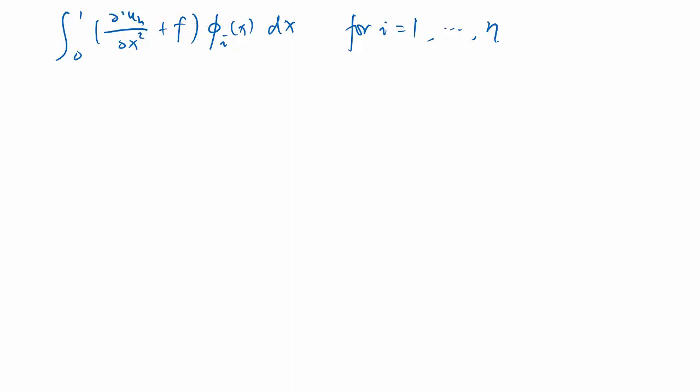What is missing is we still want to solve for UH, and UH is a function. And we don't want to solve for functions, we want to solve for numbers. That's what computers can do. Computers can only deal with numbers, they can't deal with functions. So what's left? Solution approximation. We want to represent this UH with numbers.